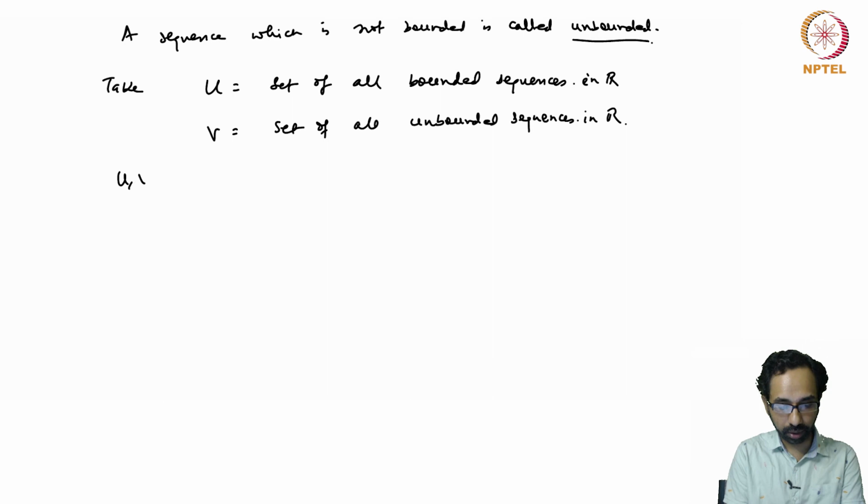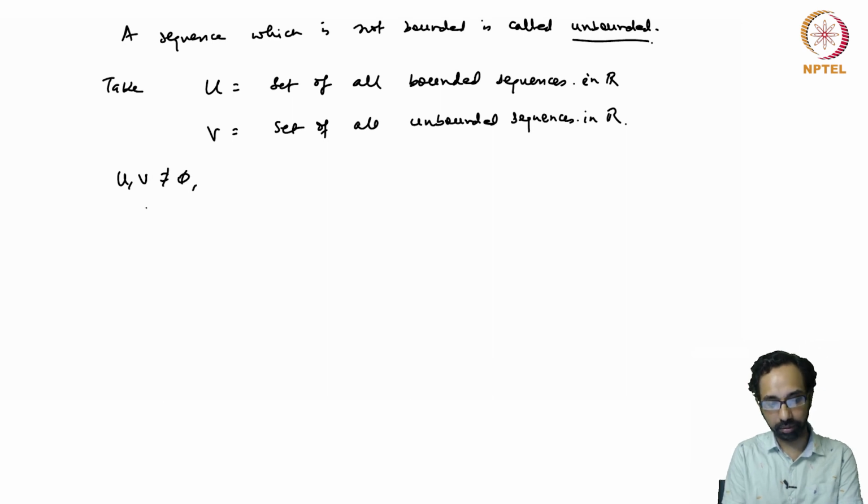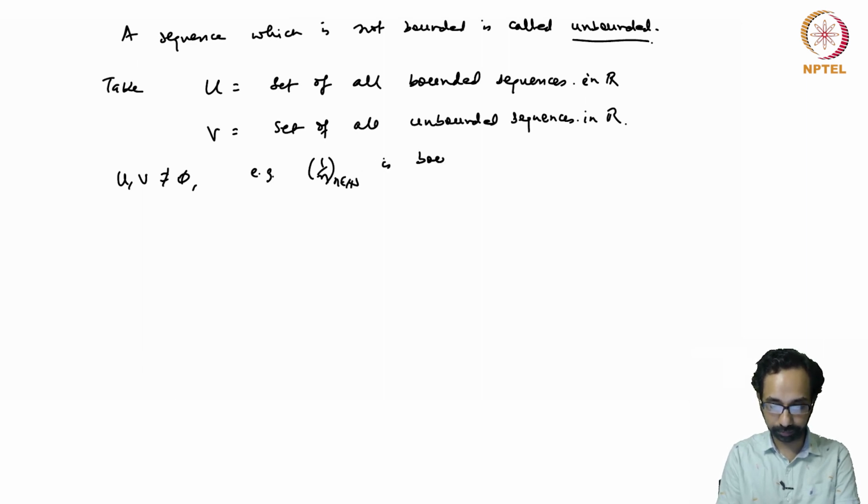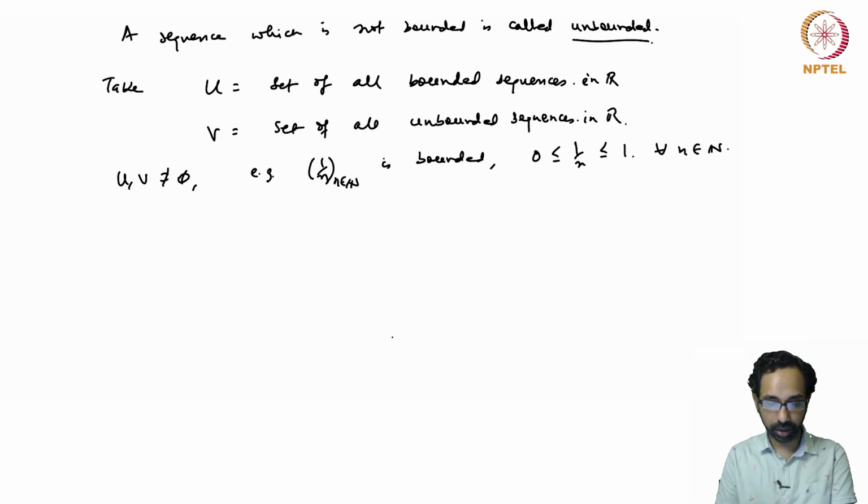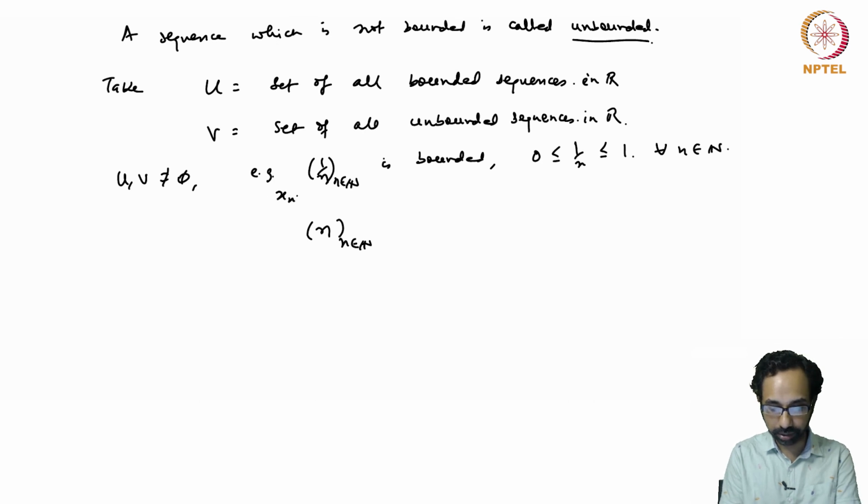Now both U and V are non-empty because we can explicitly write down some members of U and V. So for example, the sequence 1 over n, n in the natural numbers, is bounded because we have 0 less than or equal to 1 over n less than or equal to 1 for all n. And the sequence n itself, so here for the first one x_n equals 1 by n, and here x_n equals n.